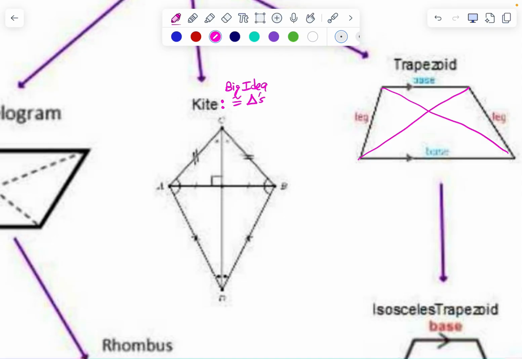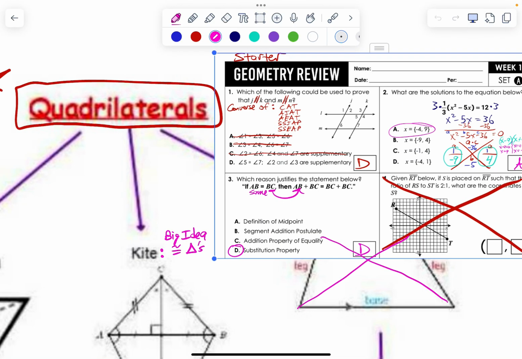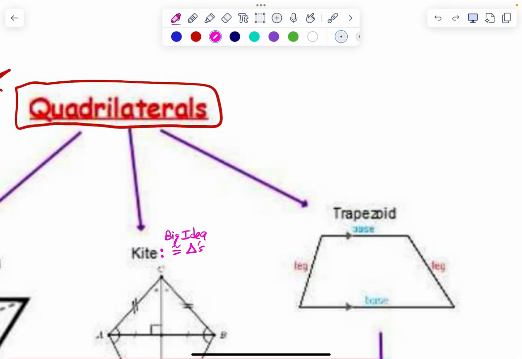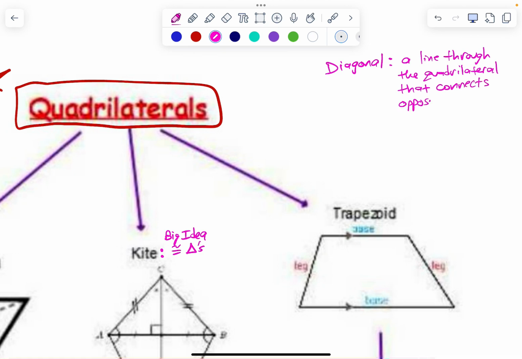And they connect opposite vertices in our figure. No, that's not what I want. So up here at the top, I want you to just define that real quick. So a line through the quadrilateral that connects opposite vertices.